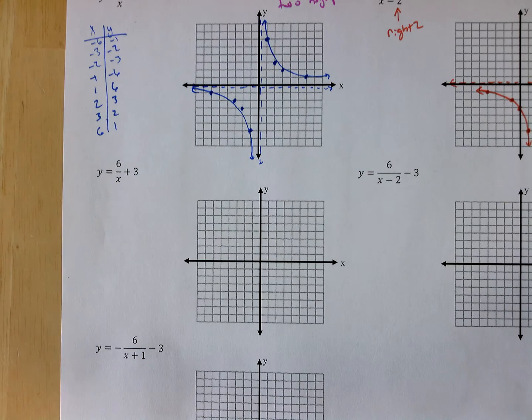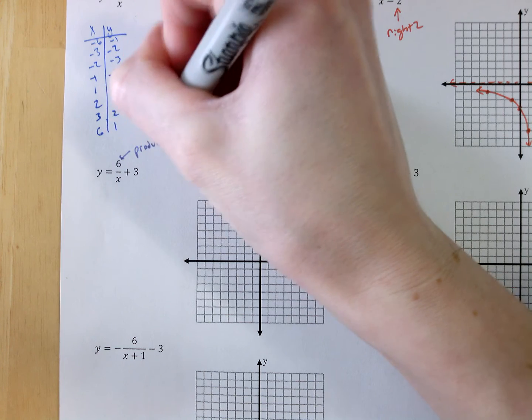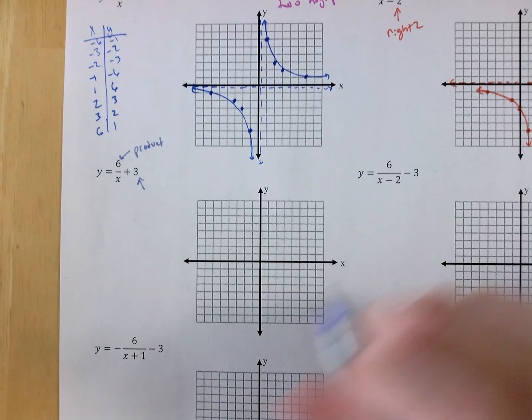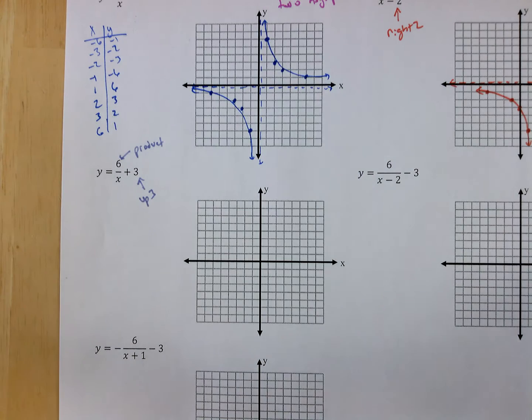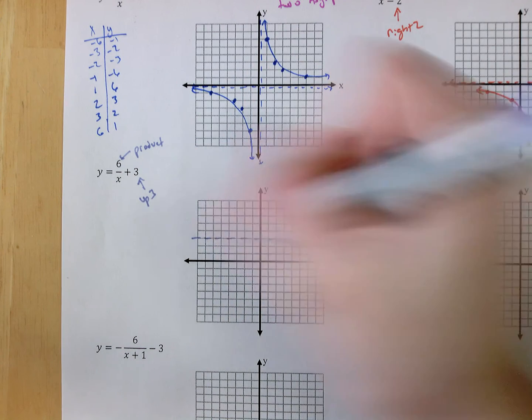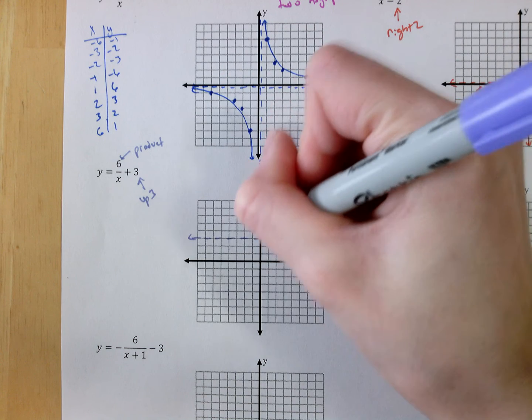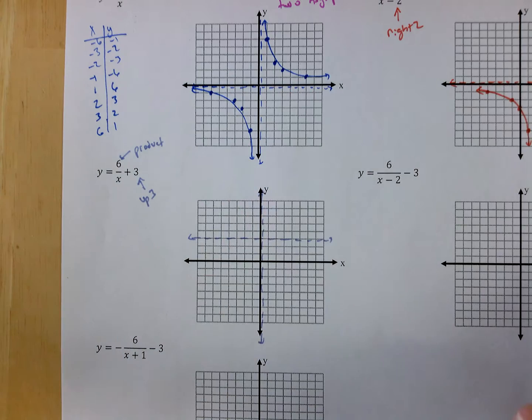Lovely. Okay. This guy over here. So this one, we're still going to have a product of 6. So 6 is still going to be my product. Okay. And this guy, adding 3 at the end, that's going to shift you up 3, just like always. So I'm shifting up 3. My horizontal asymptote, or my vertical asymptote, excuse me, didn't shift because we didn't shift horizontally at all.